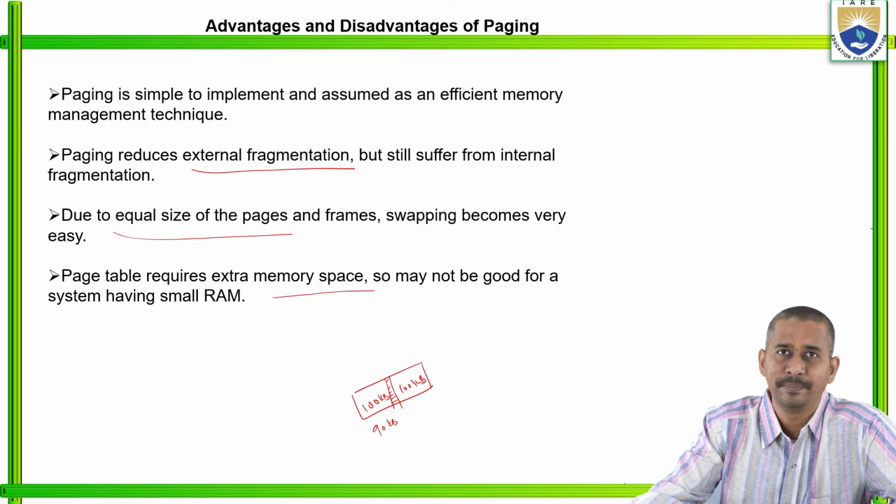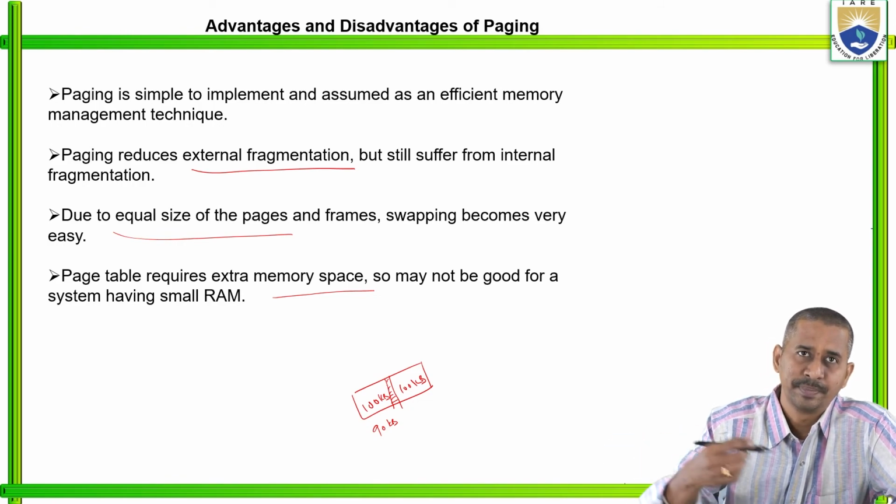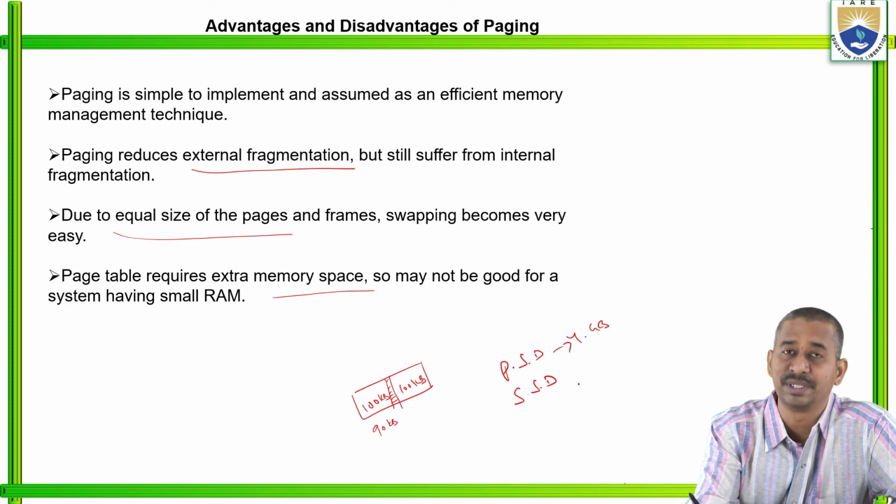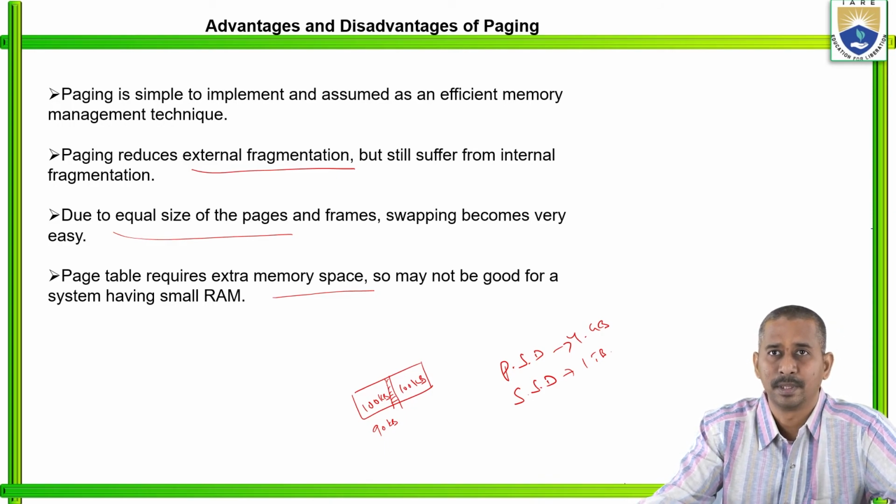That's why whenever we need to purchase a system, we always need to compare the primary storage devices as well as the secondary storage devices. For example, if you take 4 GB or greater than 4 GB RAM, then you can go for secondary storage of a minimum of 1 terabyte hard disk or a minimum of 500 GB.